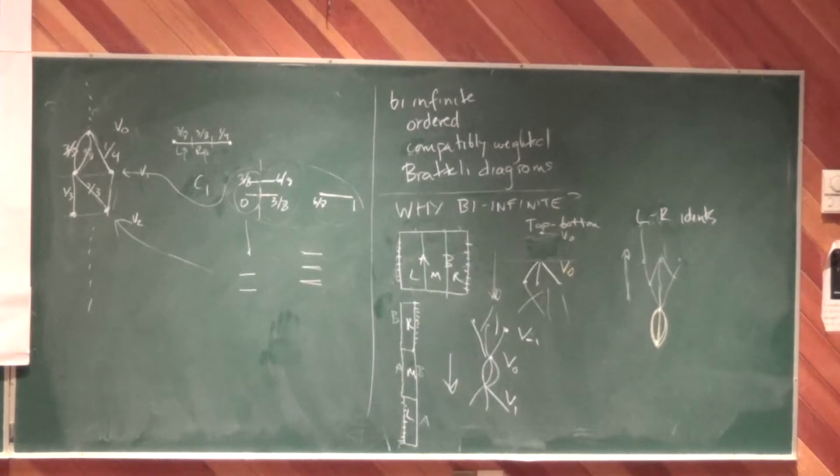So this stretched version, which corresponds to shifting where the 0 level of your bi-infinite diagram is, corresponds, as we saw, to stretching, making your thing taller and narrower.